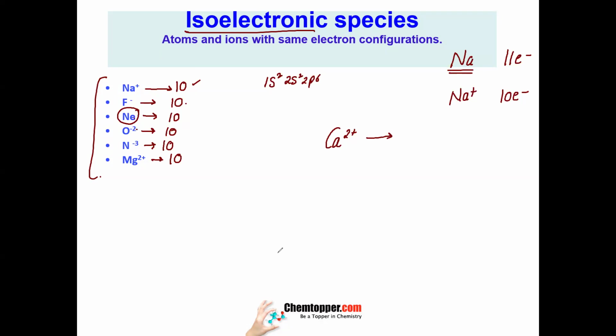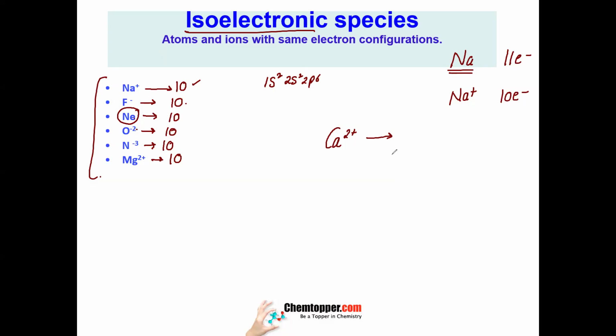Now I want an answer from Gorika also. How many electrons are there in Ca2 plus? Gorika, everyone please. Calcium 2 plus has how many electrons? Shreya, are you looking at calcium? Okay, now she is corrected. 2 extra means?